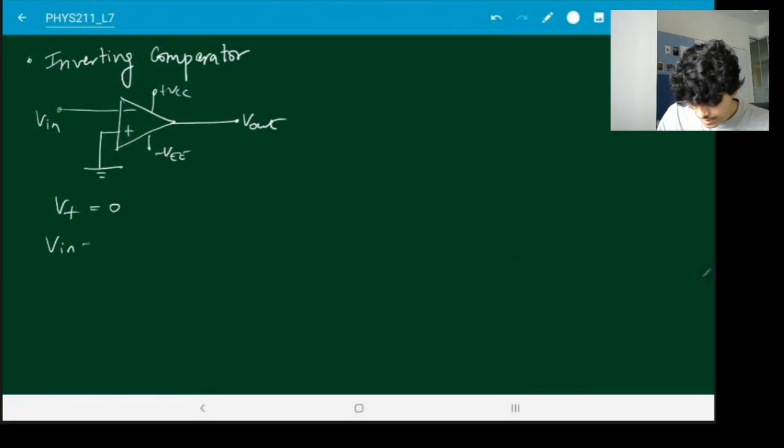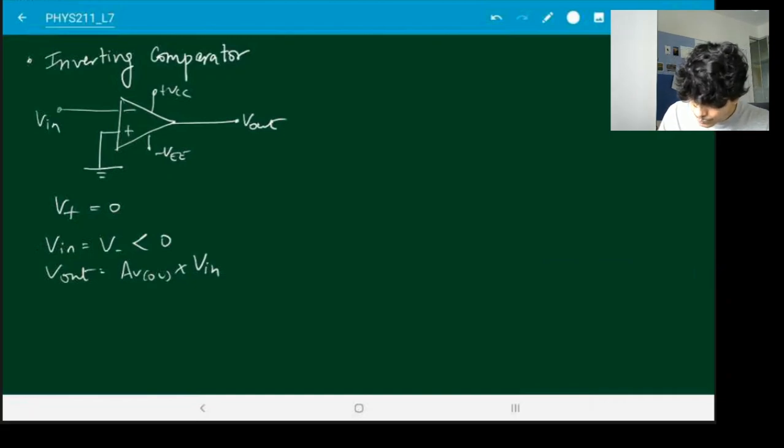When V in, which is equal to V minus, is negative, then your V out is the open loop gain times the differential input between these two.